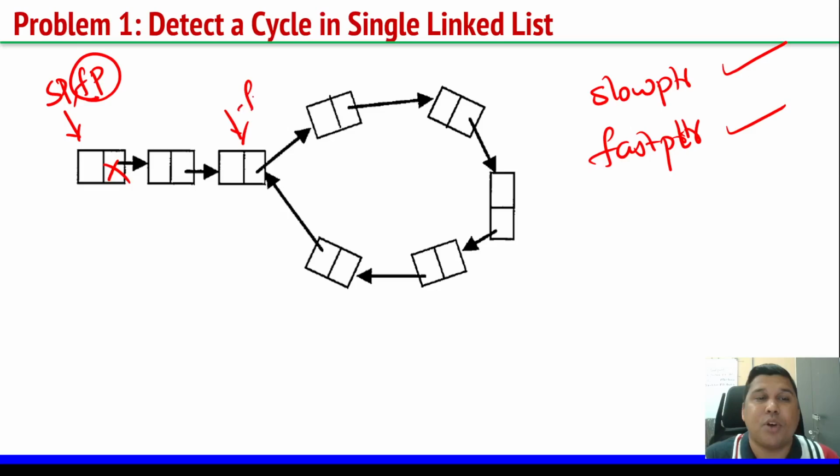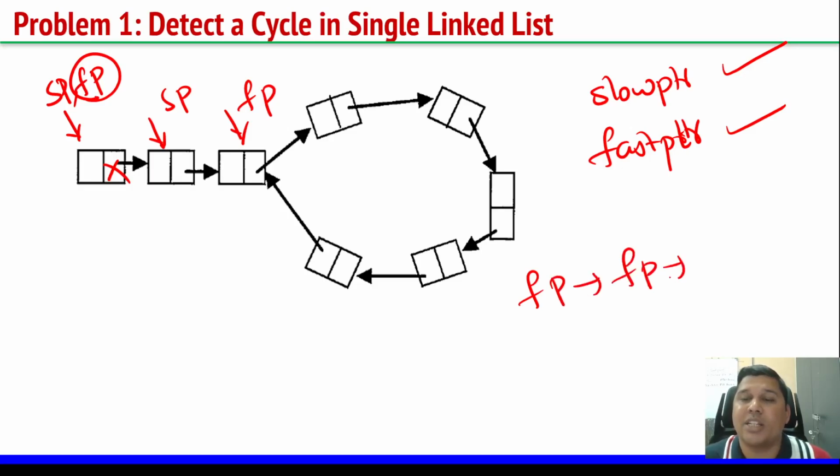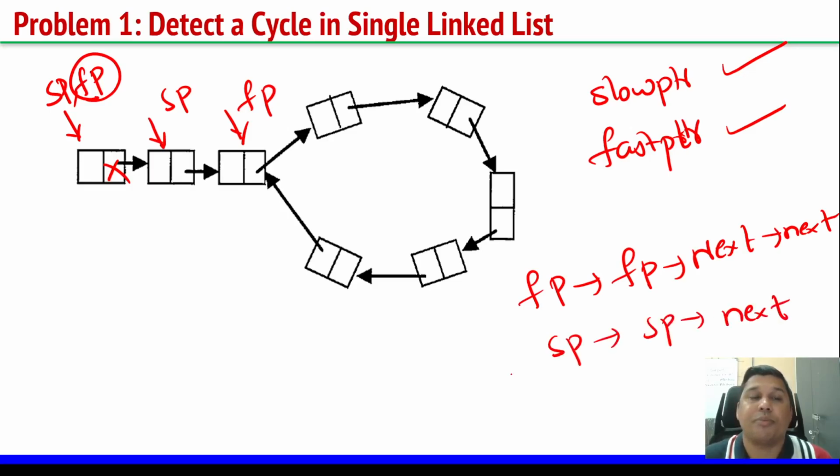If this is not null, you move your fast pointer 2 steps. So let this become your fast pointer and let this become your slow pointer. Fast pointer will move 2 locations: FP equal to FP next next, and slow pointer equal to slow pointer's next. So after the first iteration, my slow is here and fast is here.